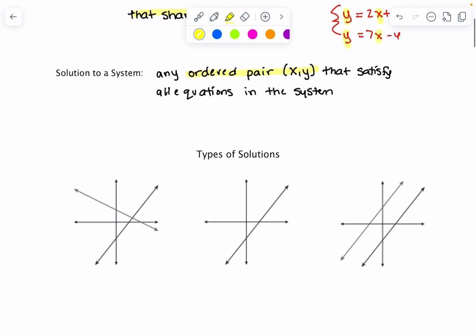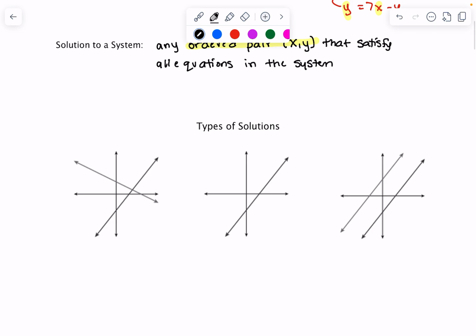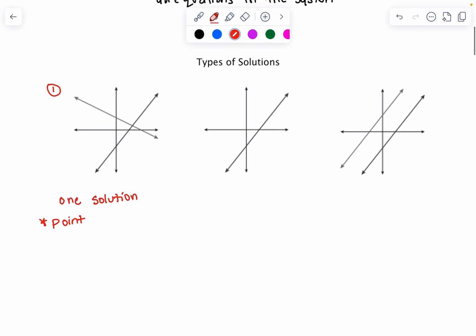There are three types of solutions that we work with in systems, and we're going to start solving today with graphing. The rest of this unit will be mostly algebraic work, but the first way we solve a system is graphically. The first type is if we have just one solution. You can see it's the point where the lines intersect.